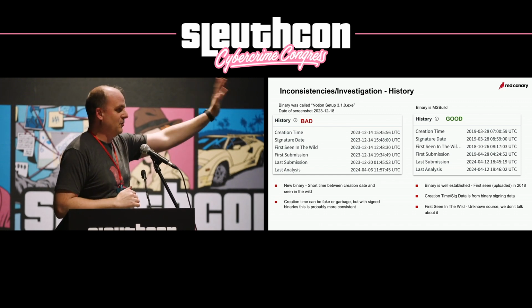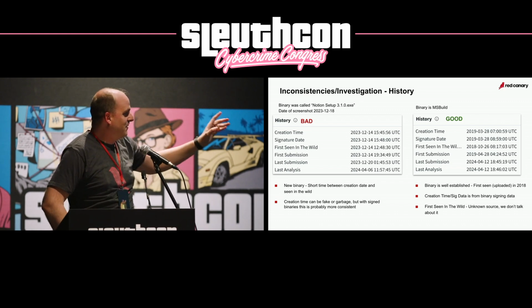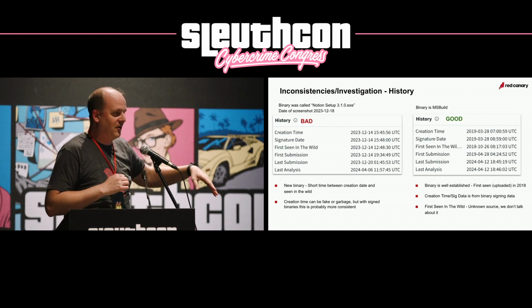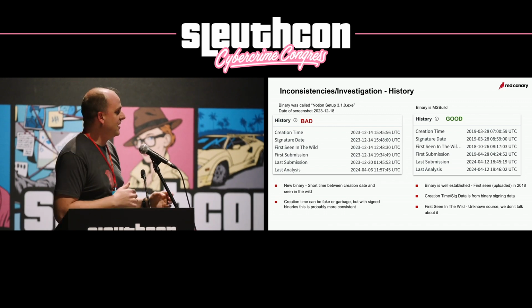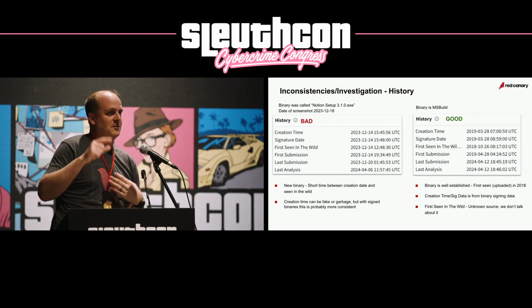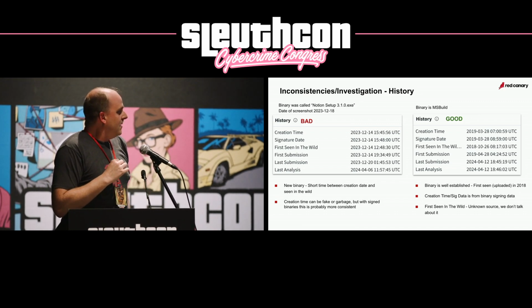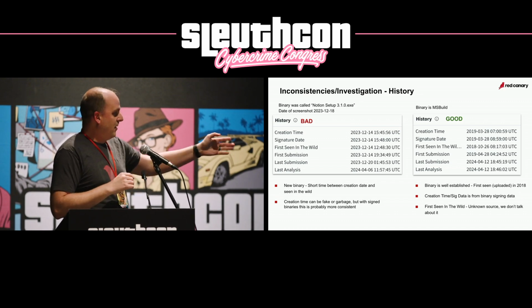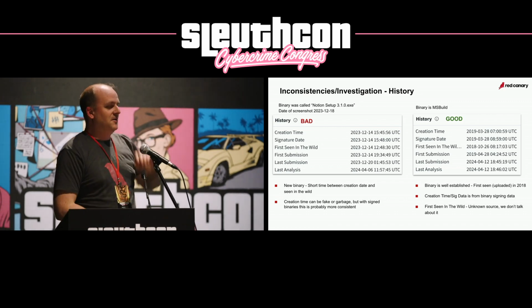It shows MSBuild a year before it was created, which doesn't make sense. But anyway, the last three, first submission and so on, are specific to VirusTotal: when it was first uploaded, the last time it was uploaded, and if you're in VirusTotal and you say rerun this binary, that's the last analysis date. So with the MSBuild example, you've got a much longer timeline of activity.